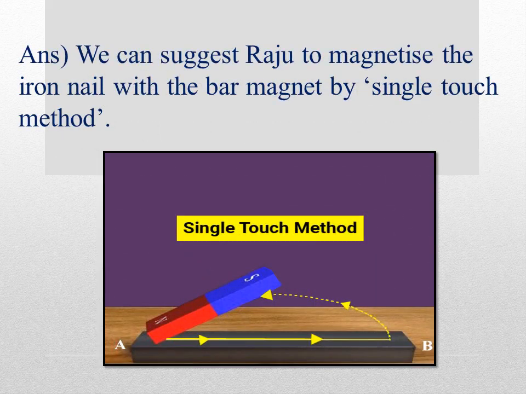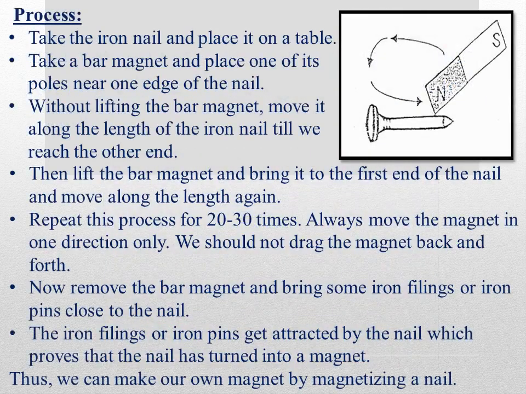We can suggest Raju to magnetize the iron nail using the bar magnet by the single touch method. Let's look at the process. Take the iron nail and place it on a table. Take a bar magnet and place one of its poles near one edge of the nail.